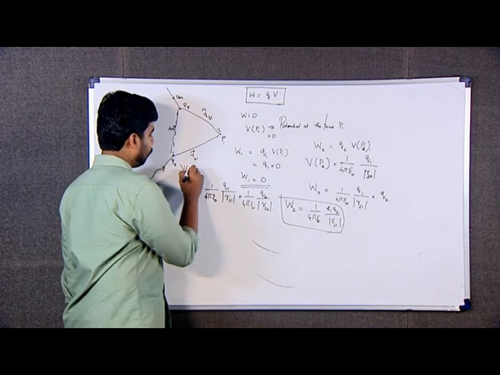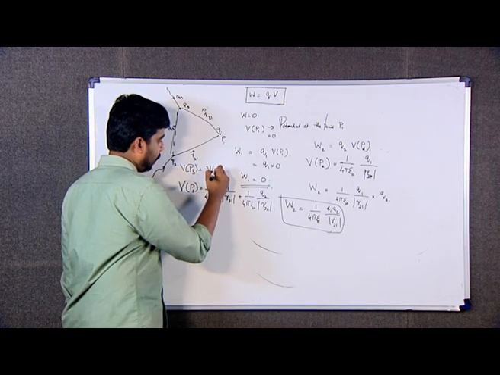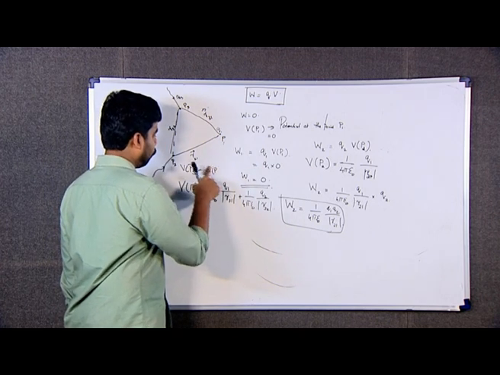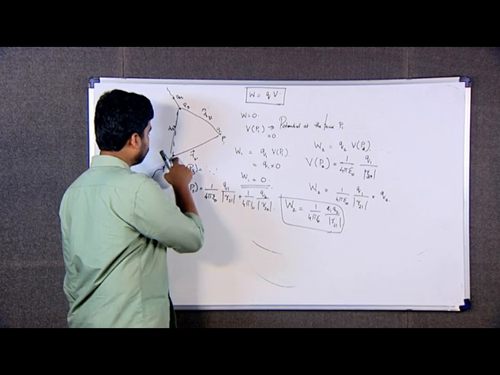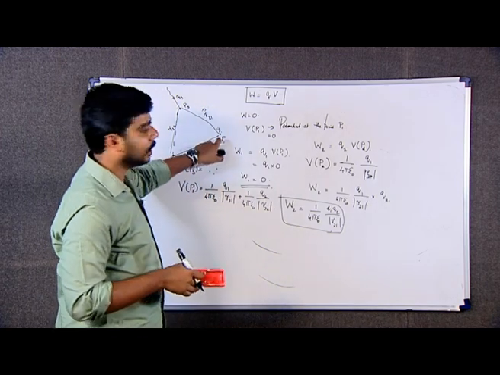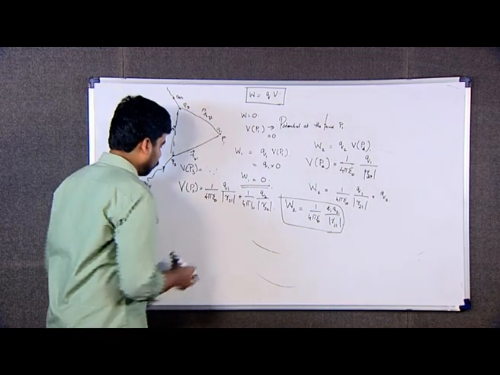Why? Because Vp3 is the sum of the charges assembled at the point P1 plus the charges assembled at the point P2. So, this is Vp3.